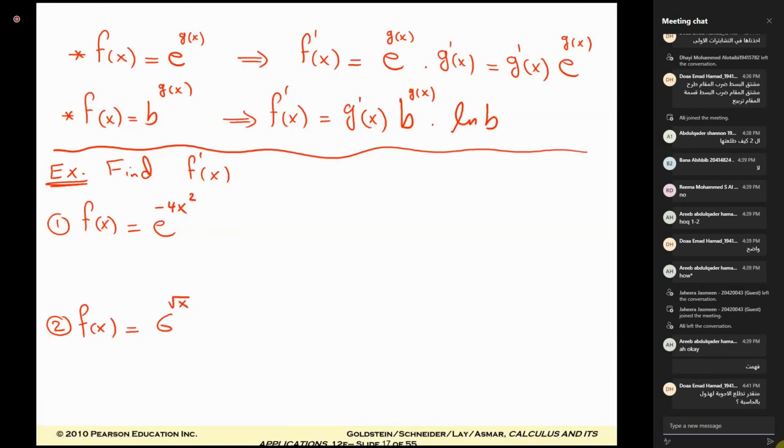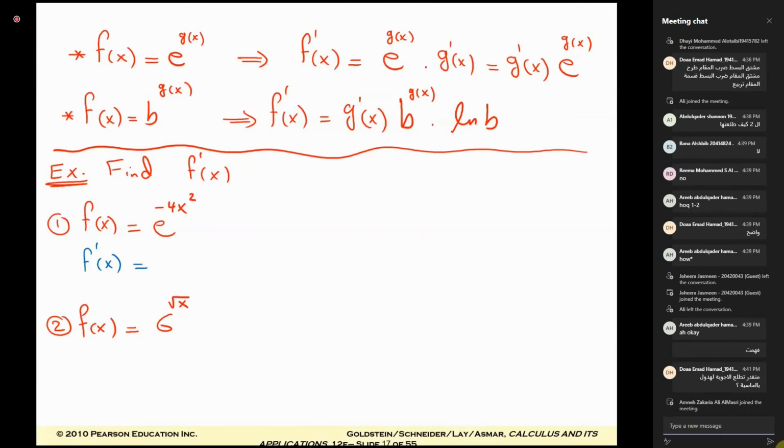Now the derivative of the first function, this is equal what? What's the derivative of the exponent? The derivative of the exponent is minus 8x, multiplied by the e with the same power, without change, e with the same power, okay, but this is multiplied by the derivative of the exponent, okay.